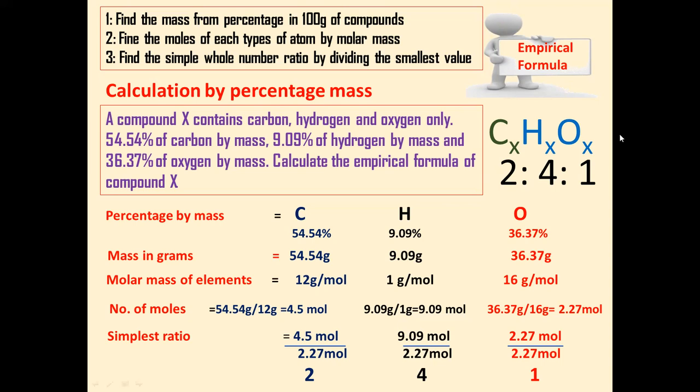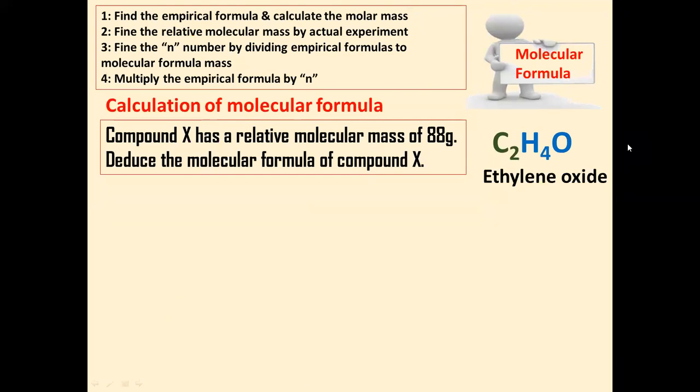We're going to use this empirical formula mass value to get the molecular formula. For example, we have ethylene oxide, C2H4O, and compound X has a relative molecular mass of 88 gram, which is calculated by an actual experiment.